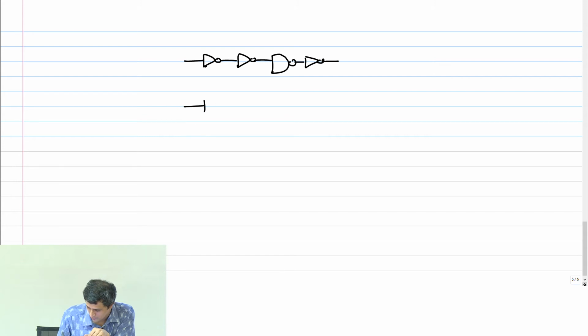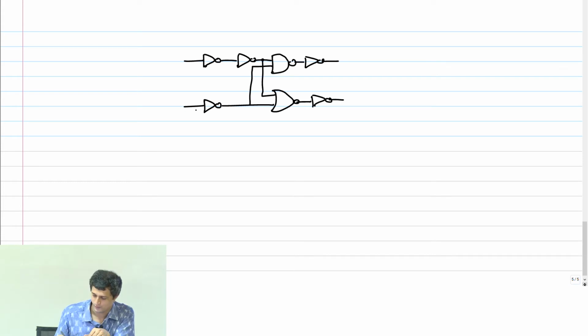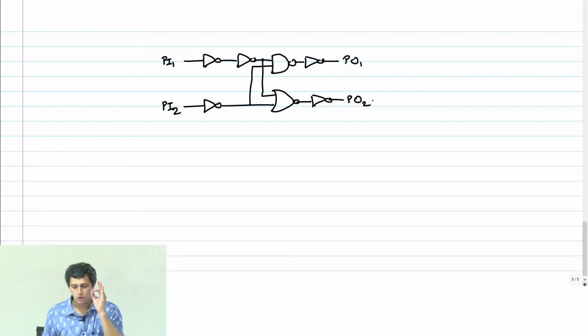Then PI1, PI2, PO1, PO2. You are now given a timing spec.